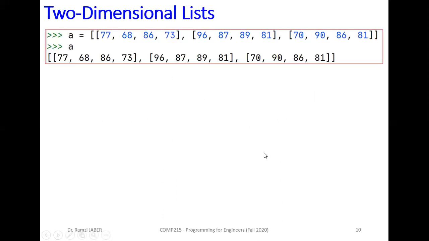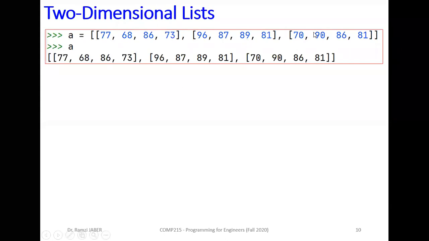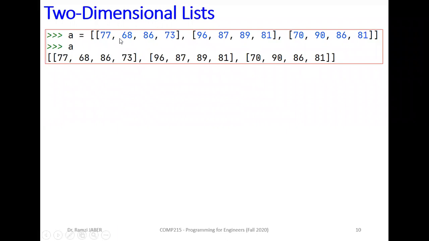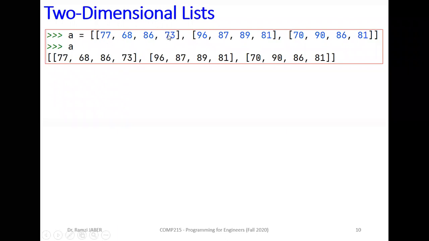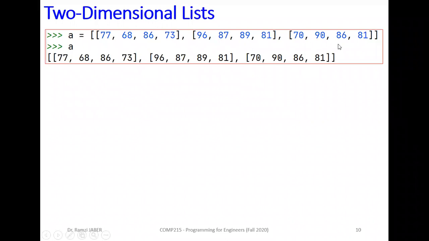Example here, if you have this two-dimensional list, we have list A. Inside it we have three elements, 0, 1, 2. A0 is another list, A1 another list, and A2 another list.